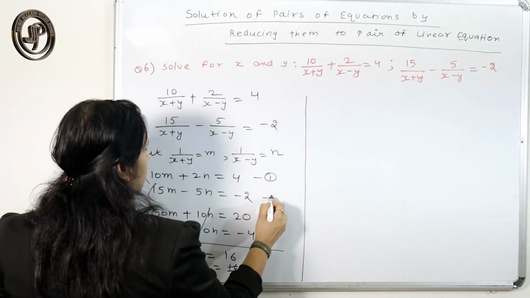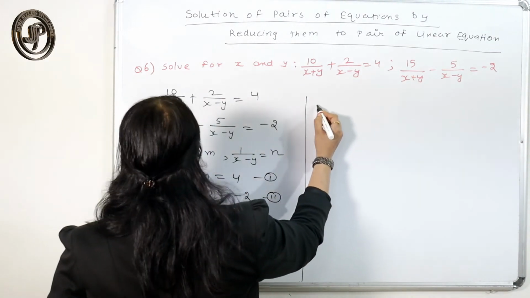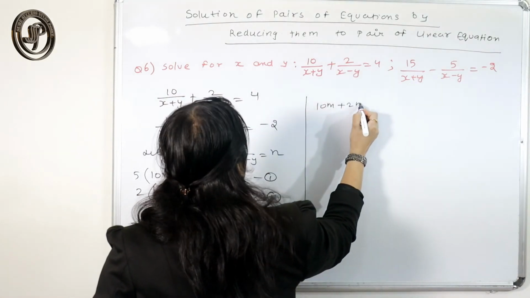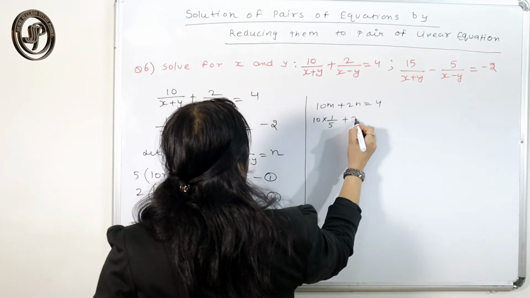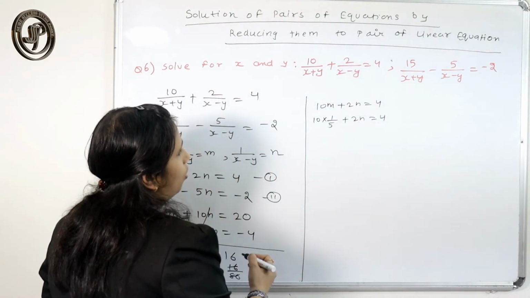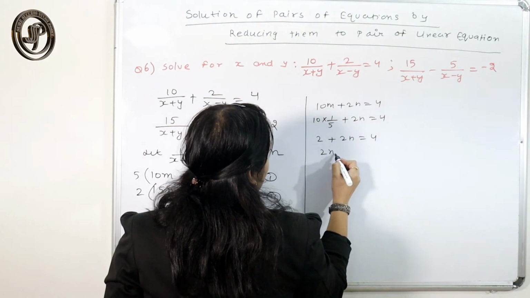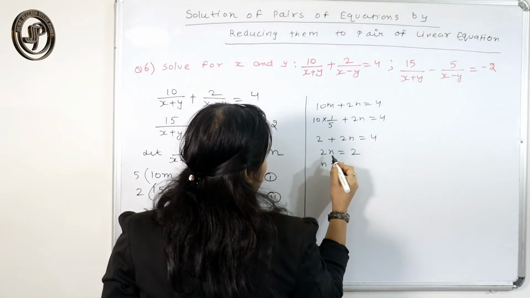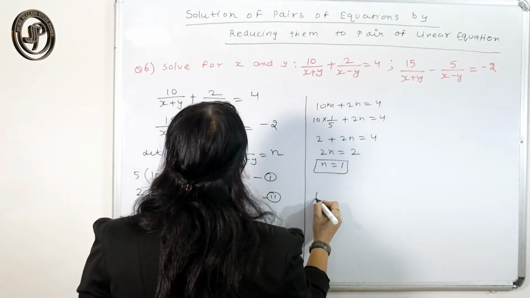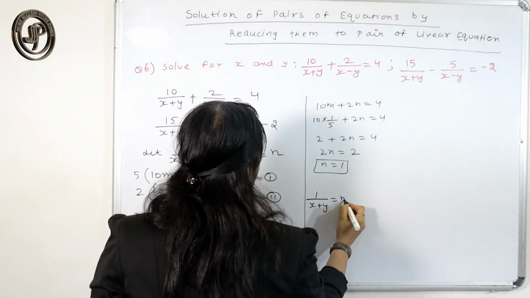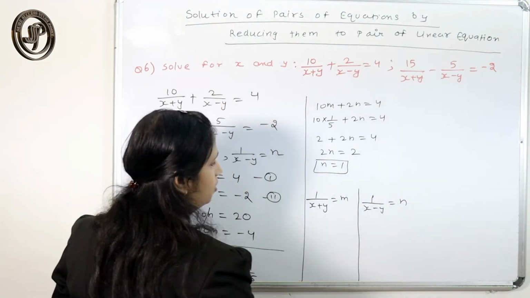Now, you can substitute the value of m in this equation, 10m plus 2n is equal to 4. So 10 into 1 by 5 plus 2n is equal to 4. Now, solve for n. 2n will be 2, so n will be 1. Now, go to the consideration part that you have made.